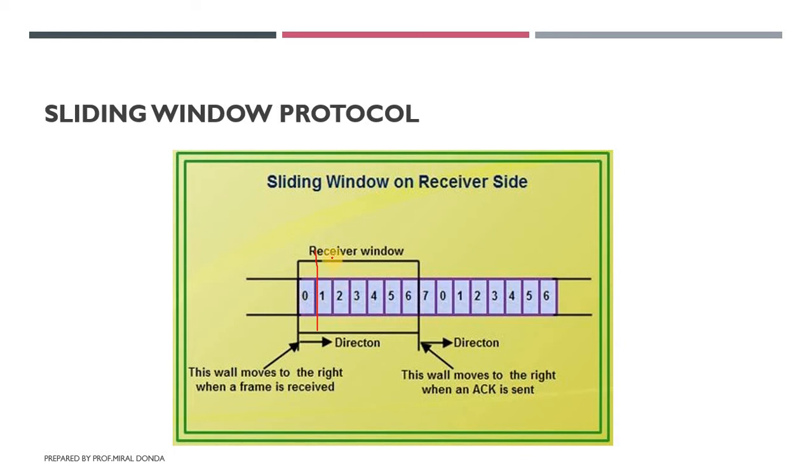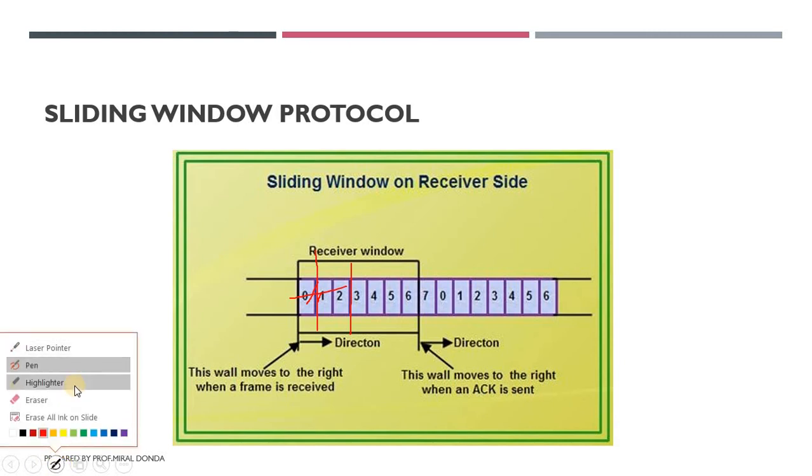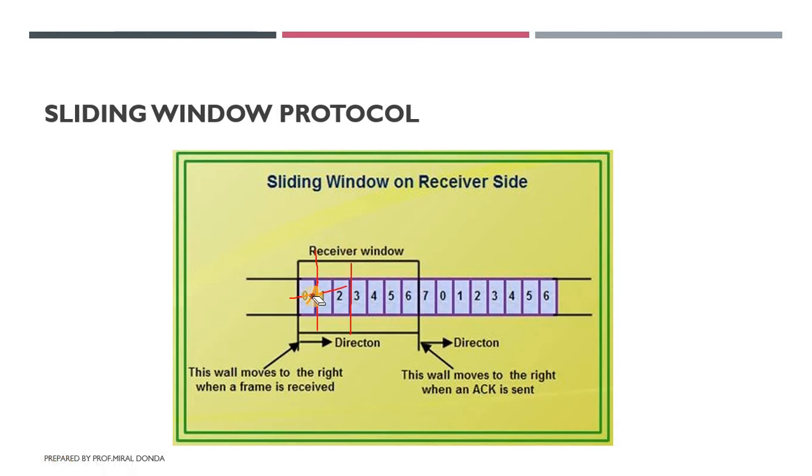After it also receives 2 more frames, these 3 positions are occupied and the window becomes smaller. But suppose it acknowledges the first 2 frames.